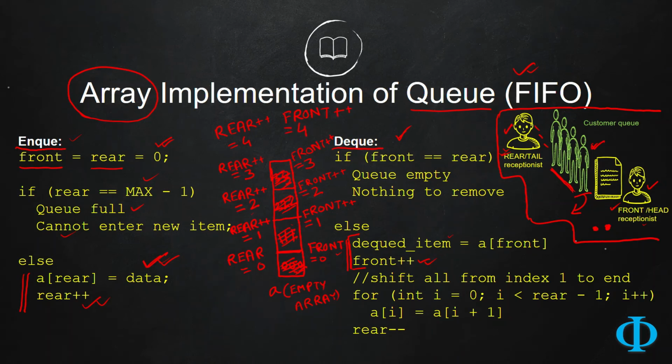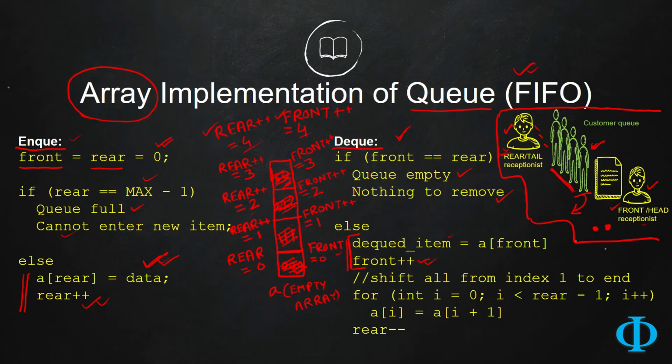Now as you can see, whenever the value of front and rear both become equal, a non-zero equal number, then you can tell that there is no other element in the queue. The queue is empty and there is nothing to remove from the queue. So that's how you can do the dequeue operation in a queue.